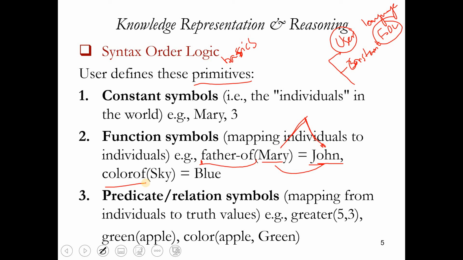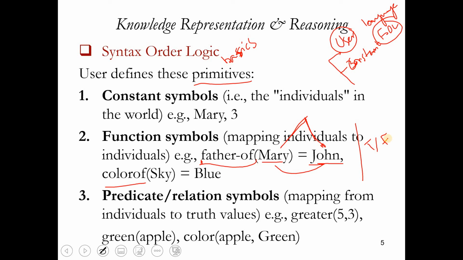And then the third one is predicate and relation symbols. Sometimes the output is either true or false. If Mary and John have a father-daughter relation, then it's true. If not, then it's false.